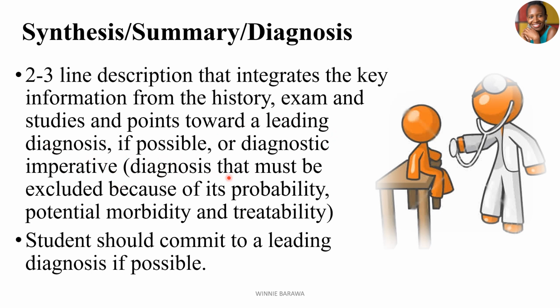So we're told if possible, that is, if you can find the final or the leading diagnosis. But sometimes you can have a diagnostic impression. That is something that you may change later on. However, we should be committed as students to have the leading diagnosis or the confirmatory diagnosis in this case, so that you come with the final one that you know you're going to manage throughout this case.